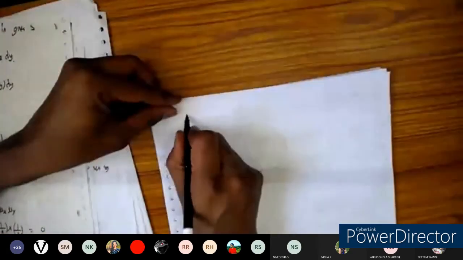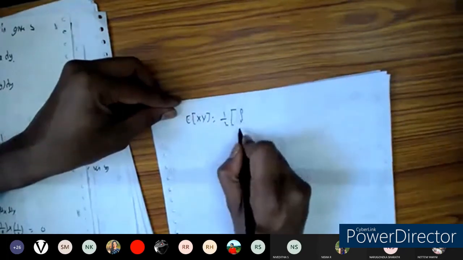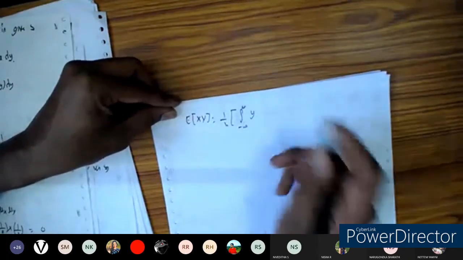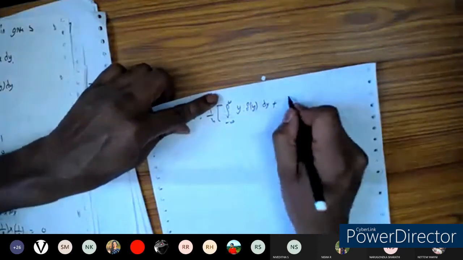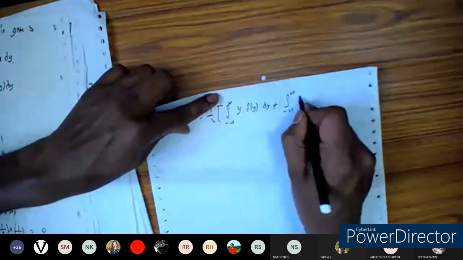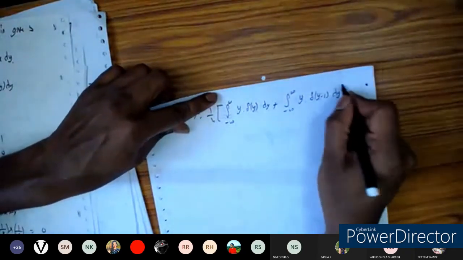The expected value of xy is written as 1 by 4 times the integral from minus infinity to plus infinity of y into delta of y into dy, plus the integral from minus infinity to plus infinity of y into delta of y minus 1 into dy.